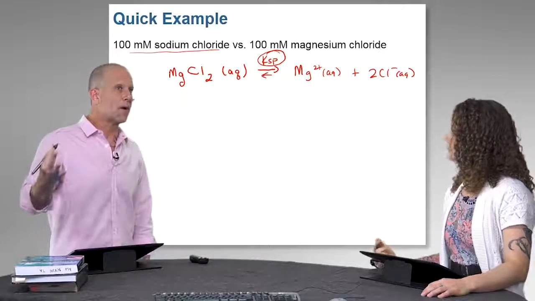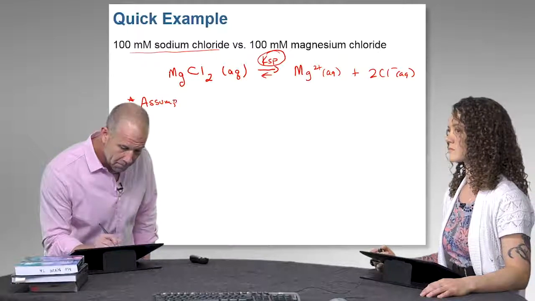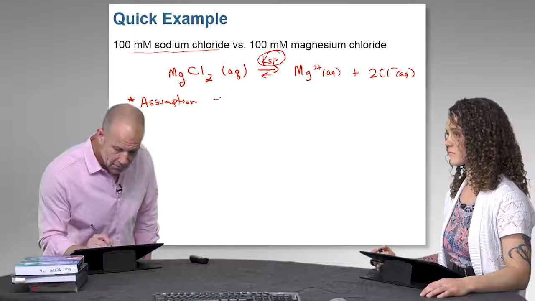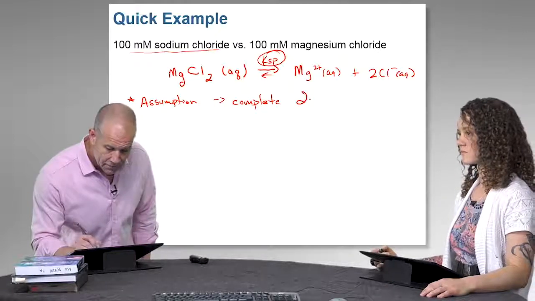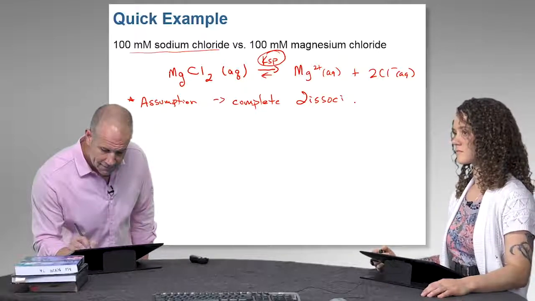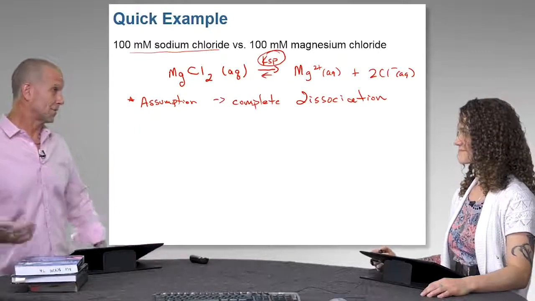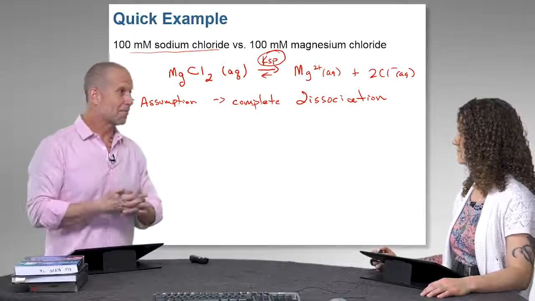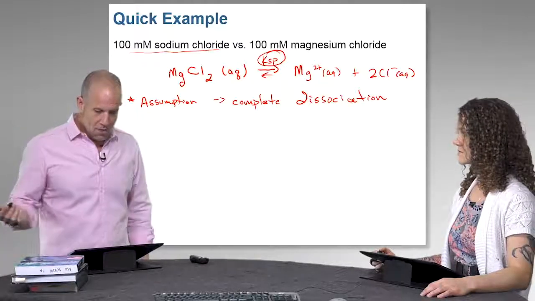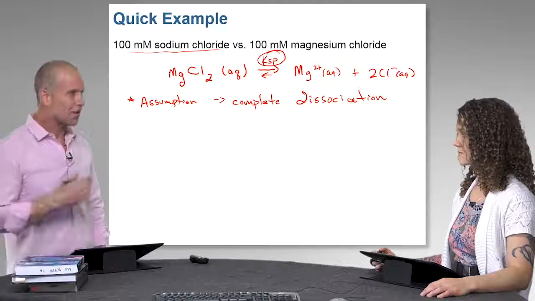If you wanted on a problem to make sure, you could say, my assumption is complete dissociation. Right. Or completely dissolves in solution. In this regard, this would probably be a good assumption.